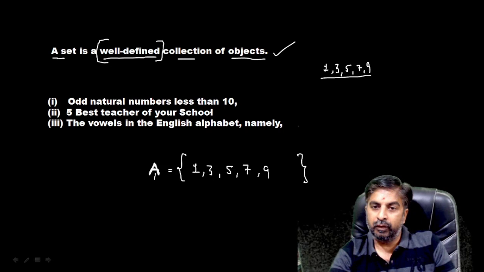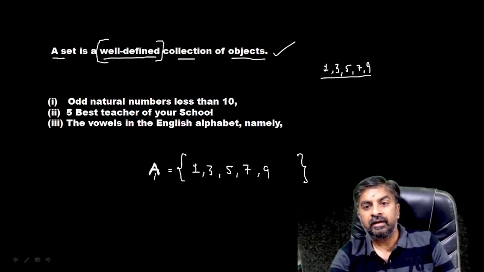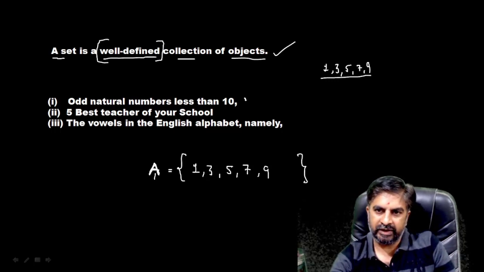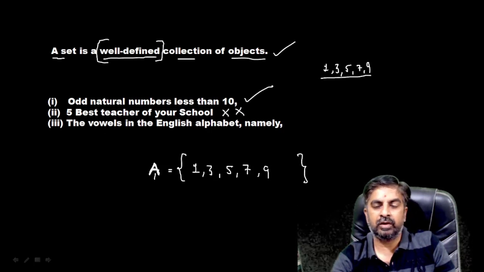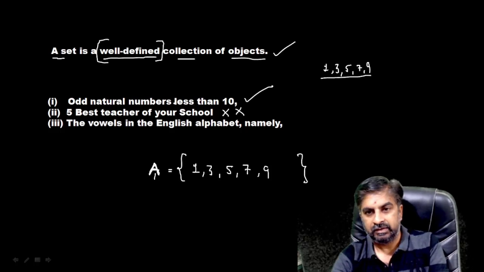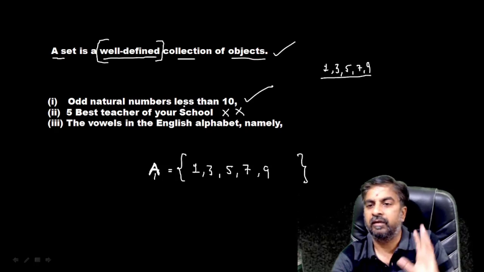It is possible that there are a few teachers you both select, but a few teachers you like and he does not like. So that is not well defined. That's why we have written here that this is not well defined, because it changes from person to person. So we cannot write a set for this.